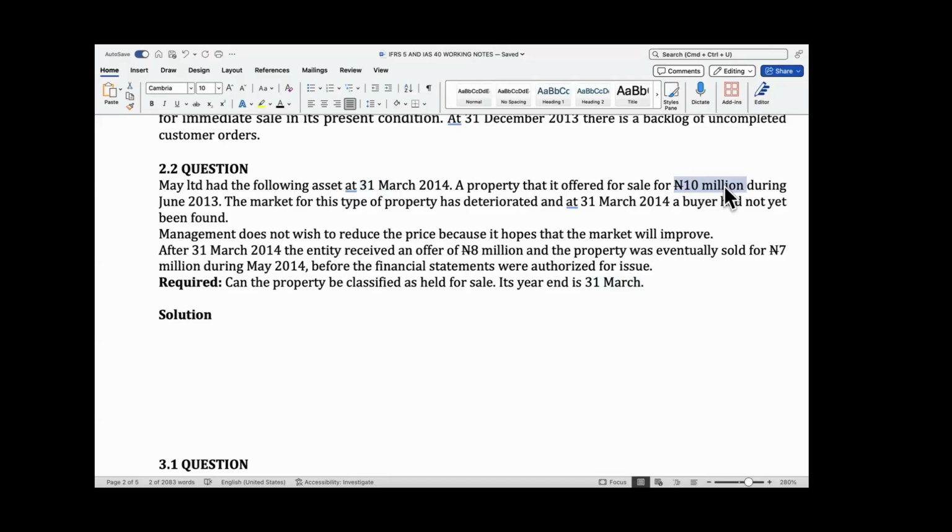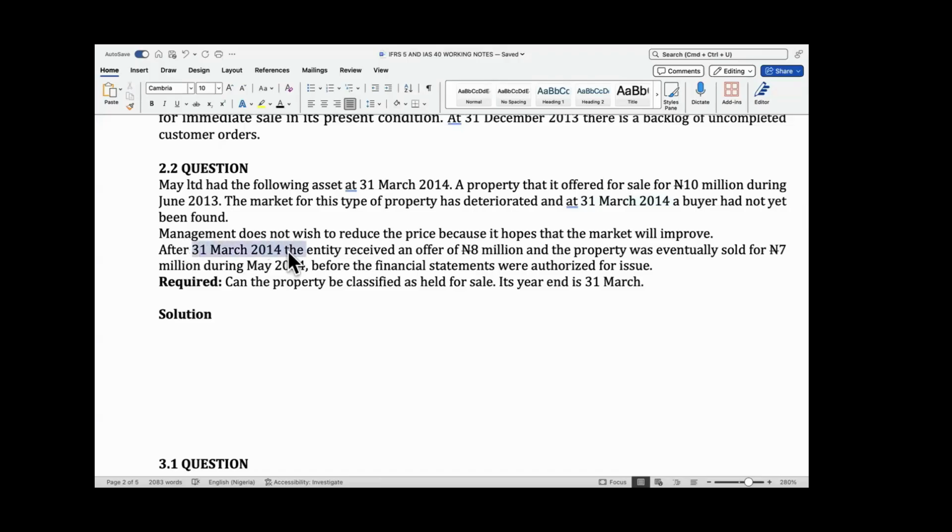I want to sell it during June 2013. The market for this type of property has deteriorated, and as at March, a buyer has not been found. So management does not wish to reduce the price because it hopes the market will improve.